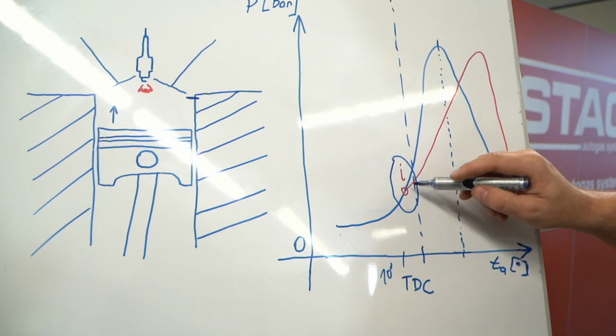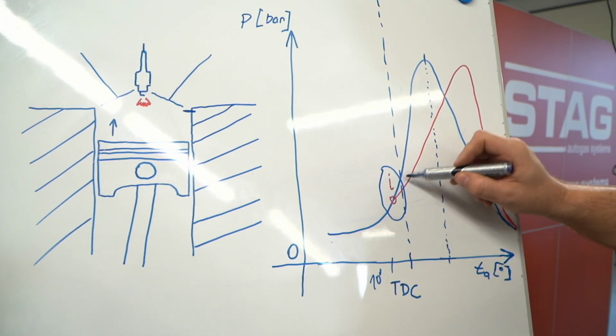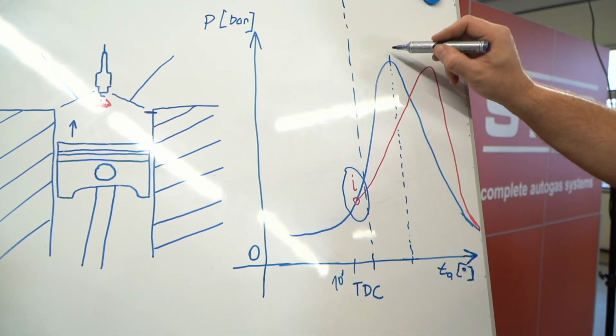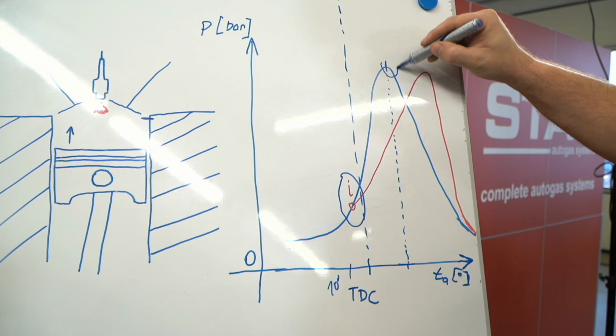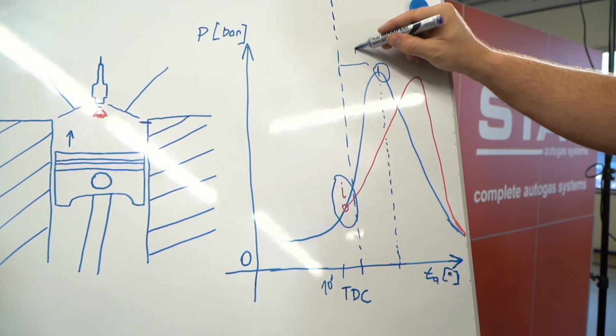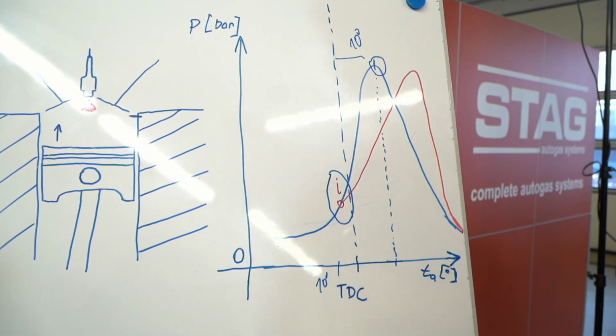If we start burning the mixture 10 degrees before TDC, the pressure rises, and the maximum pressure point is around 10 degrees after TDC.